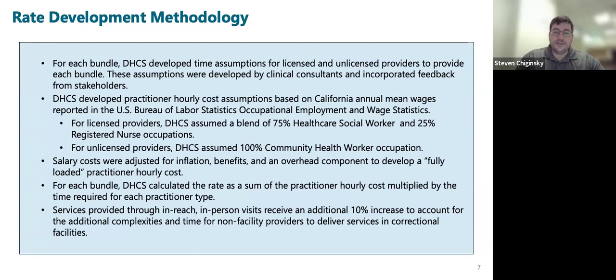As mentioned earlier, services provided through in-reach in-person visits receive an additional 10% increase to account for the additional complexities and time for non-facility providers to develop services in correctional facilities. Although other health practitioners may fulfill bundled rates, DHCS only used the healthcare social workers, registered nurses, and community health workers for rate estimates only.